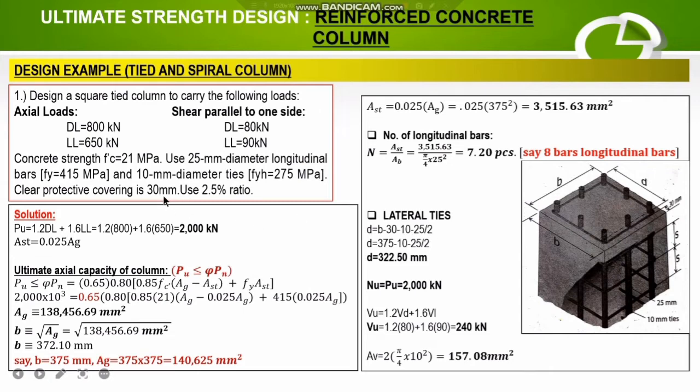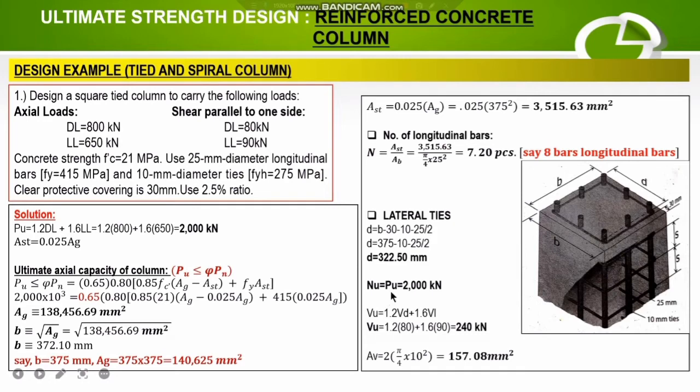So 30 is the protective covering that I will use, the distance from the extreme concrete fiber of the column section to the outer part of the lateral tie, minus the diameter of 10 mm for my lateral tie, minus half of the longitudinal bar of 25, which is 25 over 2. So the effective depth D is equal to 322.5 mm.